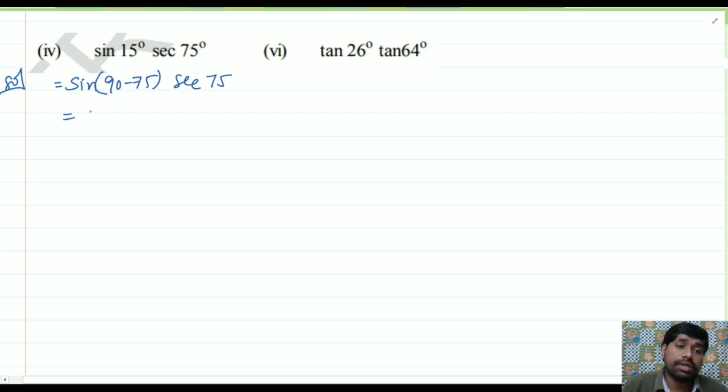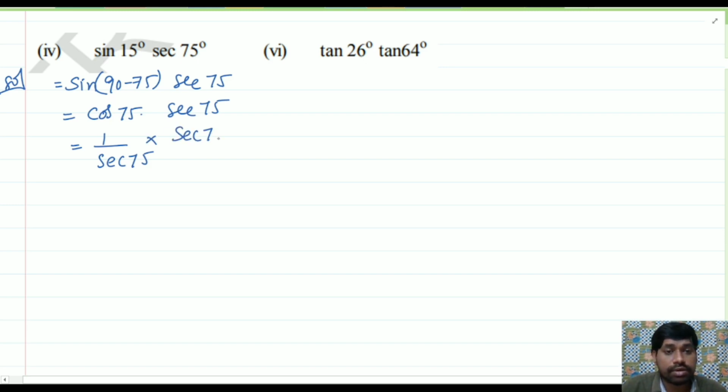So sin 90 minus theta is cos theta, that is cos 75 into secant 75. Cos 75 can be written as 1 by secant 75, because they are inverse trigonometric ratios. So both get cancelled, and the multiplication becomes 1 here.